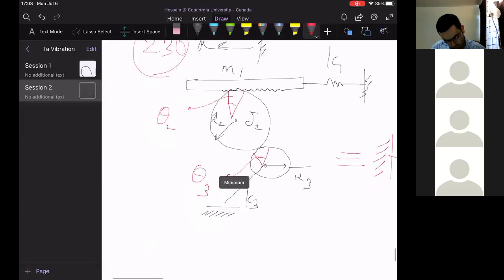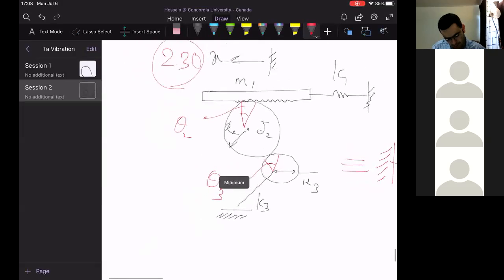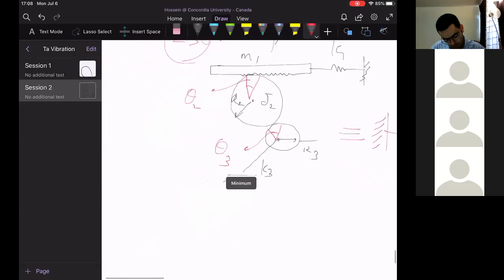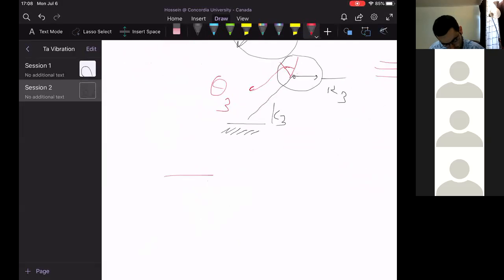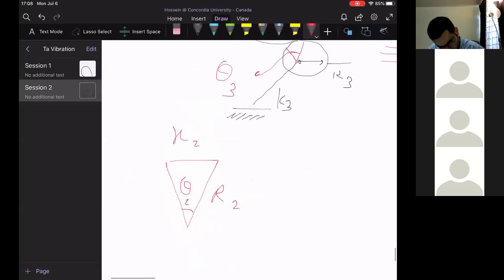So we could relate x. x can be written as r2 multiplied by theta 2.